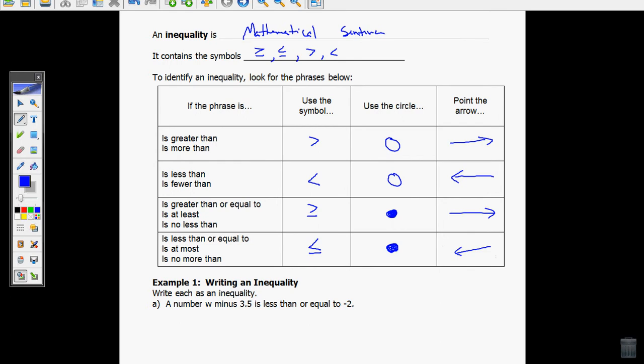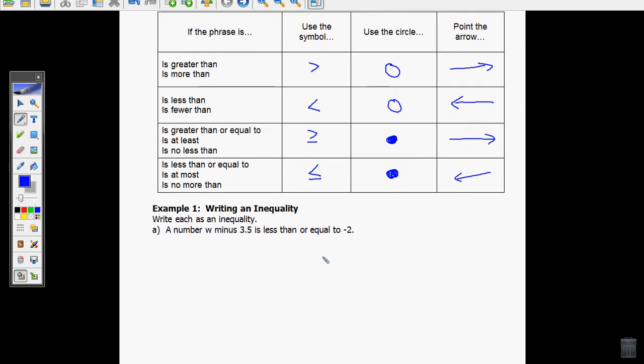Now, let's take a look at example 1, which is essentially asking us to use the phrasing and to convert that phrasing into a mathematical sentence. So a number W, easy enough, W, minus, this is easy, 3.5, come on, this is child's play. Give me something harder. Is less than or equal to?